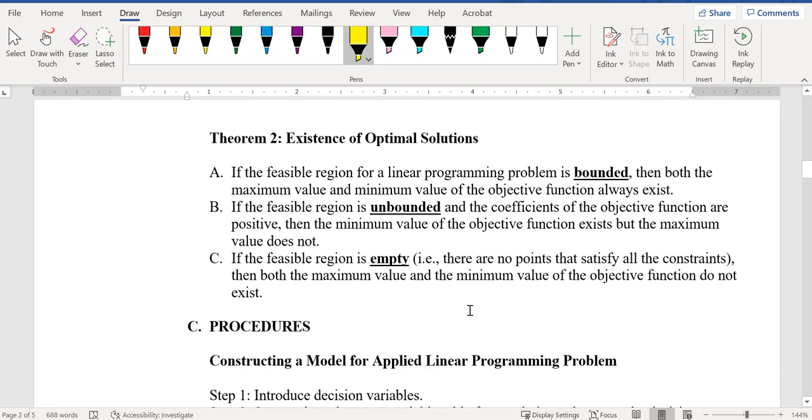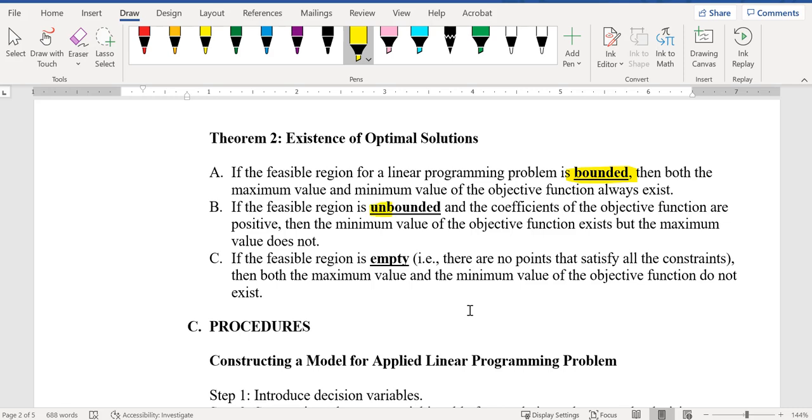Okay, existence of optimal solutions. If the feasible region for a linear programming problem is bounded, so if you have a bounded feasible region, then both the maximum value and the minimum value of the objective function always exist.